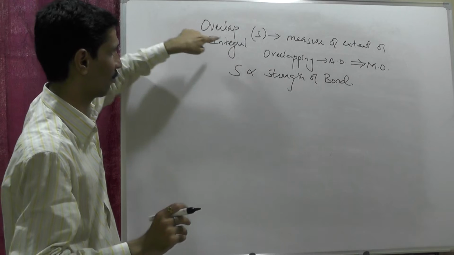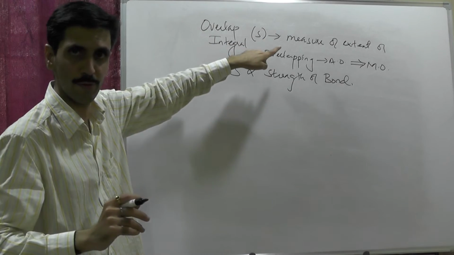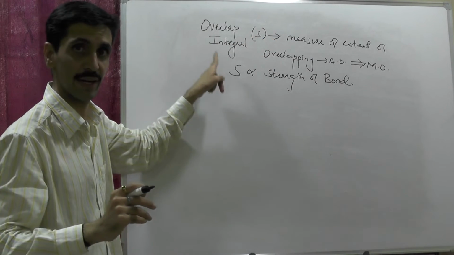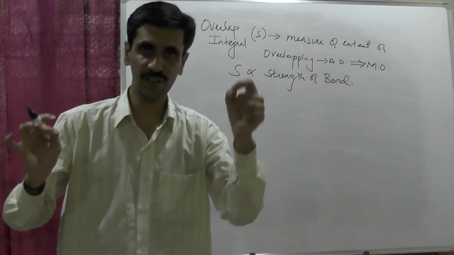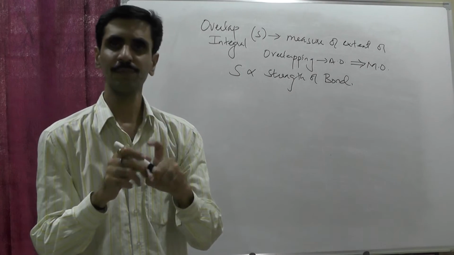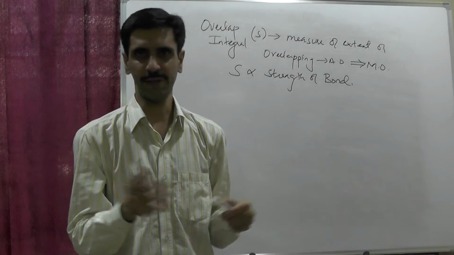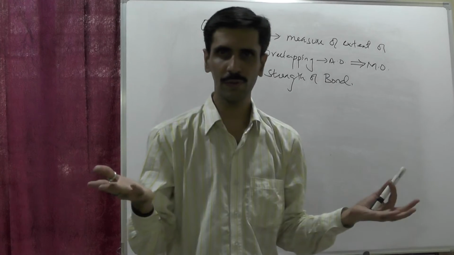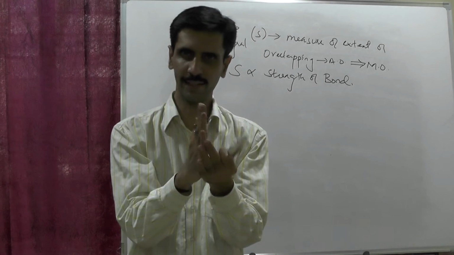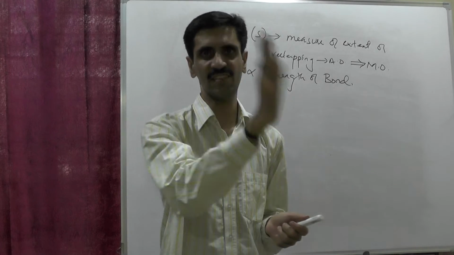So S is the overlap integral, it is the extent of overlapping. So greater the S value, greater the overlapping, and greater is the strength. So S is directly proportional to the strength of the bond. Now, when we are going into the values of S, let me be very clear. The values that I talk about are three values: a positive value, a negative value, and 0.